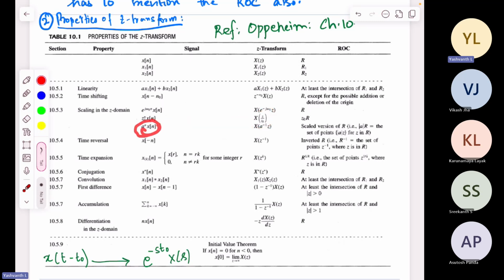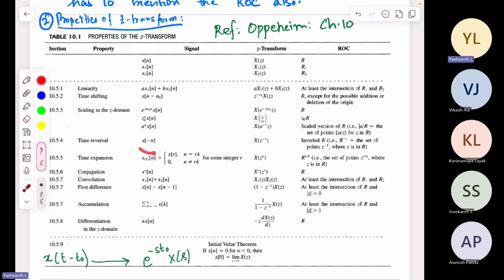Similarly, if you have a power n x of n, its z transform will be x of a inverse z. These are different ways of showing that you have scaling in the z domain. For example, here z is scaled by e power minus j omega naught. In the second case, z is scaled by 1 by z naught. In the third case, z is scaled by a inverse. So these are different ways of scaling a z transform, and they are all properties under the scaling in the z domain property.